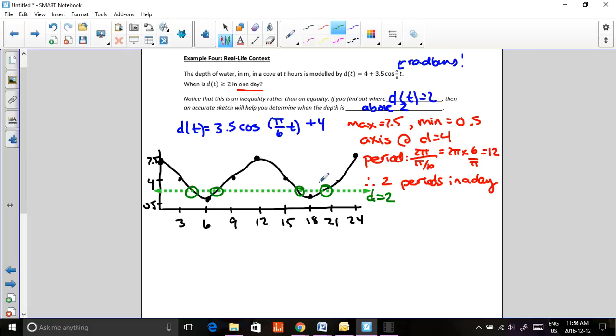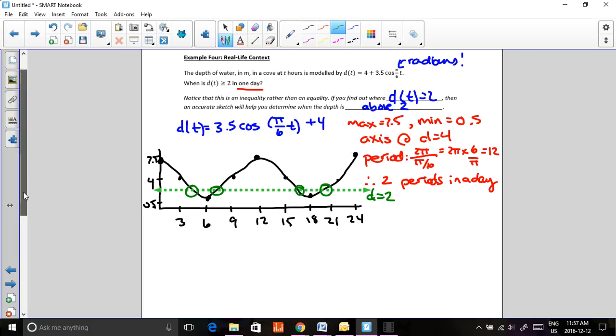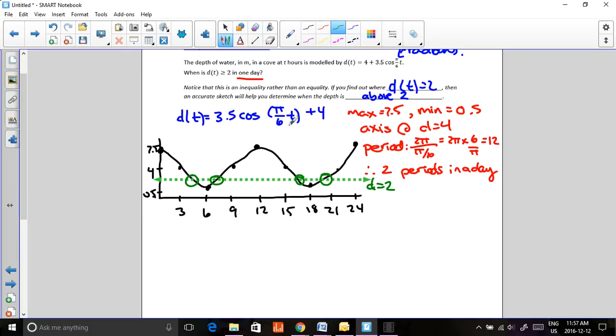So it looks like we're going to have something between 3 and 6, something between 6 and 9, something between 15 and 18, and something between 18 and 21. So then when it's above 2, will be before this one, between these two, and then after this one up until 24 hours. All right, so now we have to actually solve this and then use our graph to interpret the inequality.